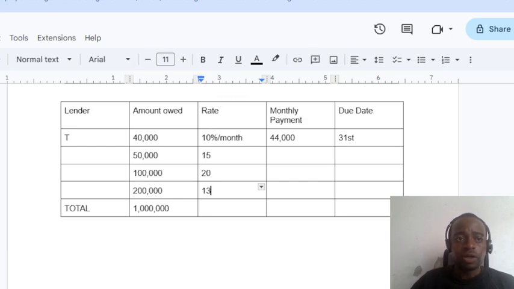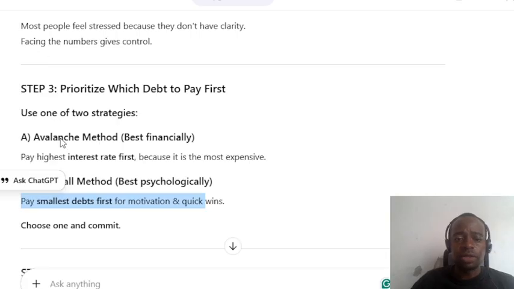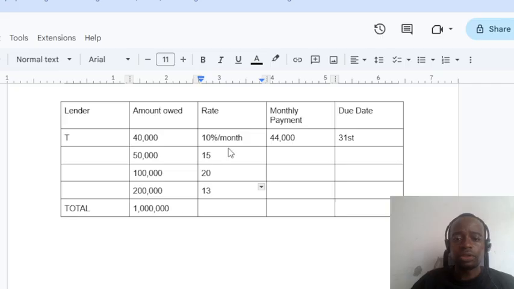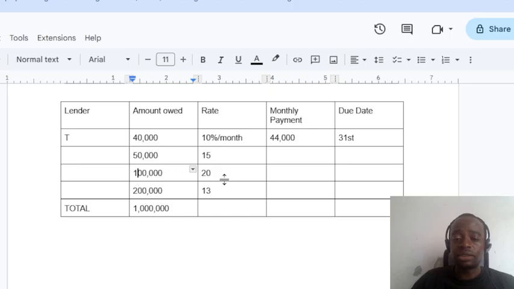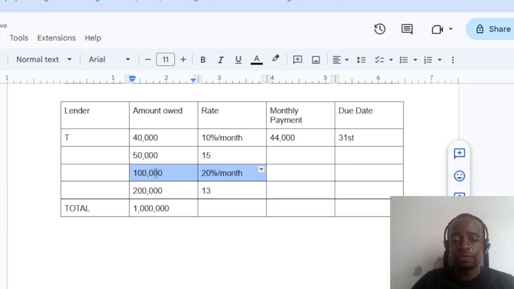So if I follow the avalanche method, I'm supposed to pay the high interest rate first. In this case, the high interest rate will be this one, right? Because it's accruing more money as the days go by, at 20%, let's say, per month. So according to the avalanche method, I am supposed to pay this first.